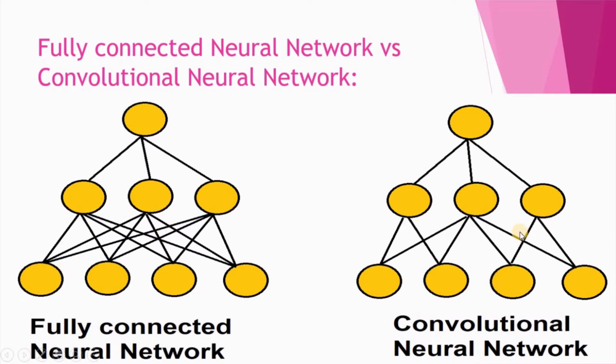But in convolutional neural network, you can see here, all the neurons are not connected. Like this neuron is connected to only this neuron and this neuron, but not to this neuron. And this neuron is connected to this neuron and this neuron. So in convolutional neural network, the whole network is not connected, and this removes the complexity of the network.